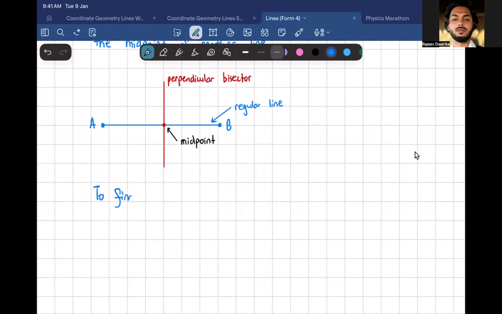To find the equation for the perpendicular bisector, you need to find the midpoint.